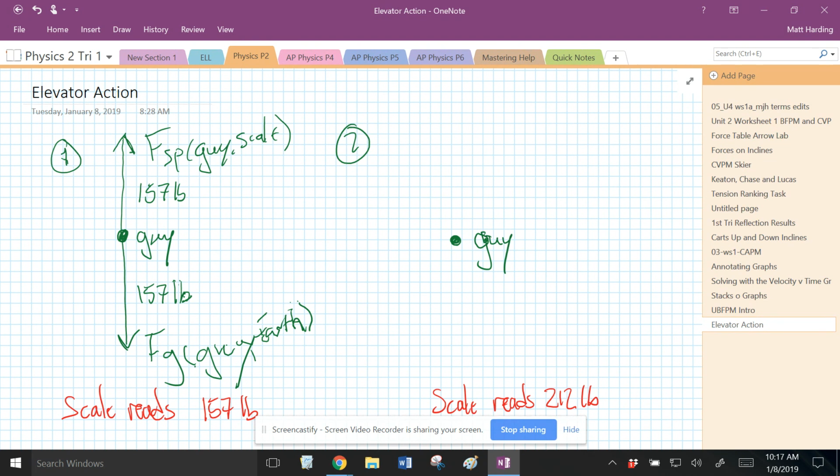Again, I'm asking you to draw the free body diagram now when the scale reads 212. Join us, friends.